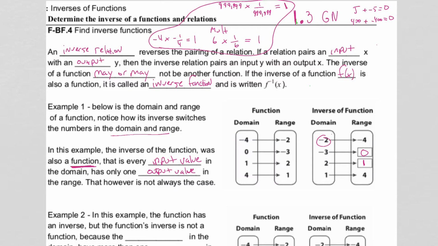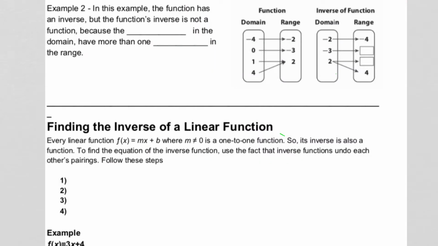So moving on to the next section of the guided notes. This was additive inverses up here, just an example. In this example, the function has an inverse, but the function's inverse is not a function.